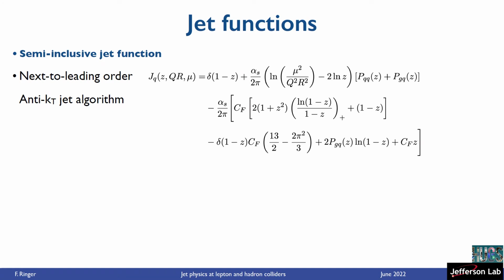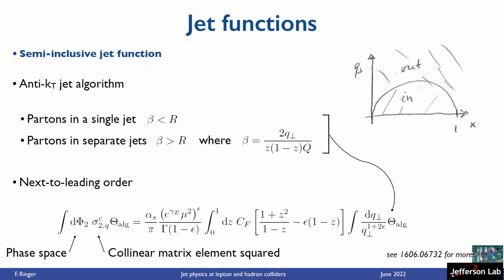Where does the new scale come from? It was not in the previous formula, and it's supposed to be infrared safe. Oh, okay. And where does that come from? This is coming from dimensional regularization. It's basically just making sure that you have an additional scale to the power of epsilon, right?